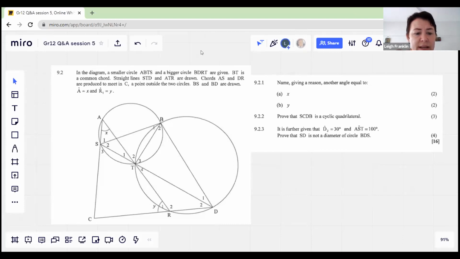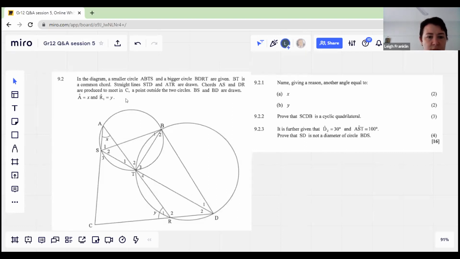And straight lines STD and ATR are drawn. Okay, so STD is this one over here, and ATR is that one over there. Chords AS, so that's this little one over here, and DR are produced to meet at C, okay, which is a point outside the two circles.